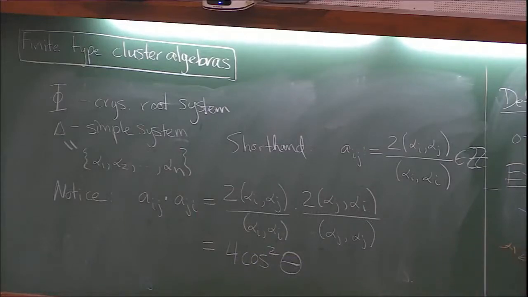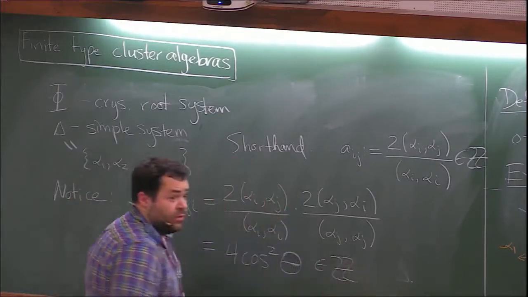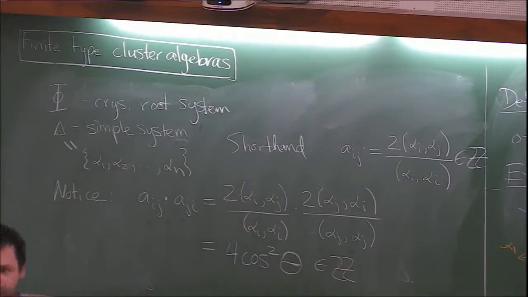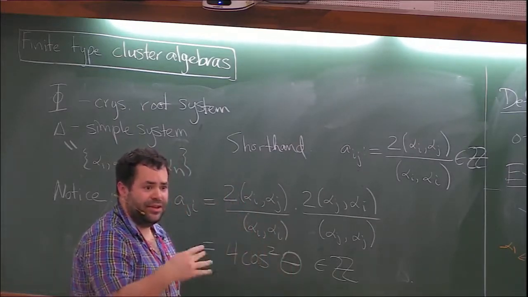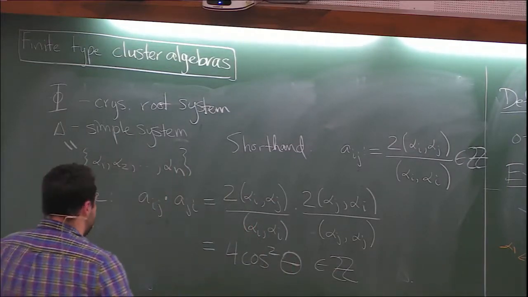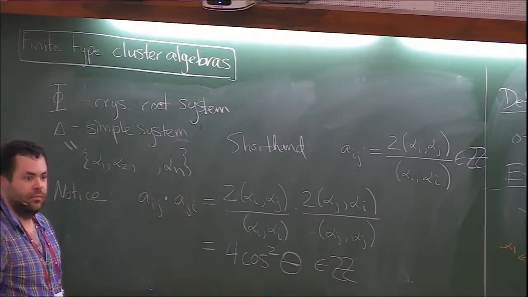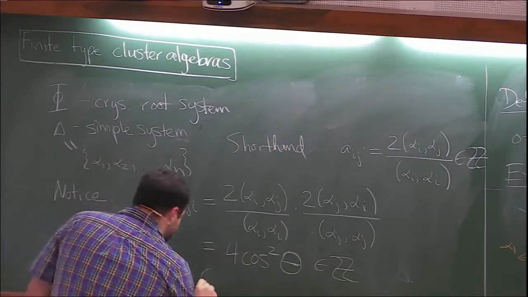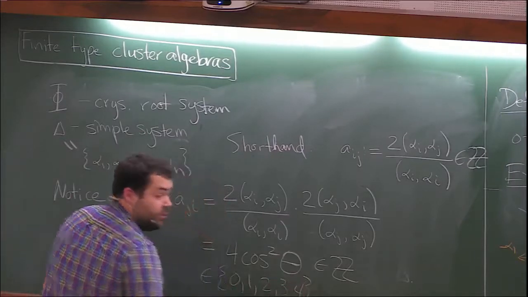And the point is, this thing is an integer, because these two are integers, so the product is an integer. But cosine squared is between 0 and 1, so 4 cosine squared is between 0 and 4. And the integers between 0 and 4 are 0, 1, 2, 3, and 4. So when I take this product, I get 0, 1, 2, 3, or 4.